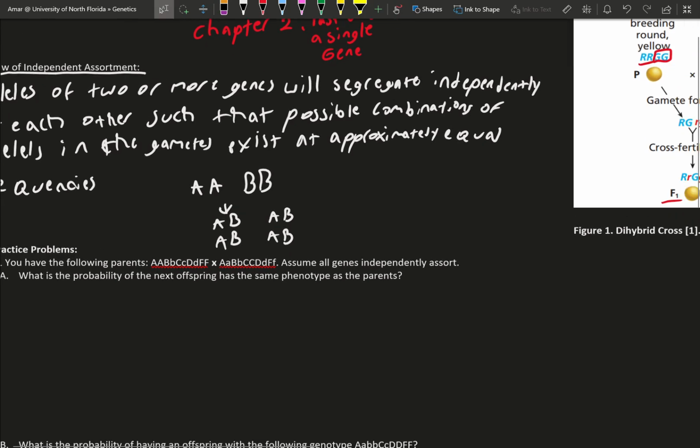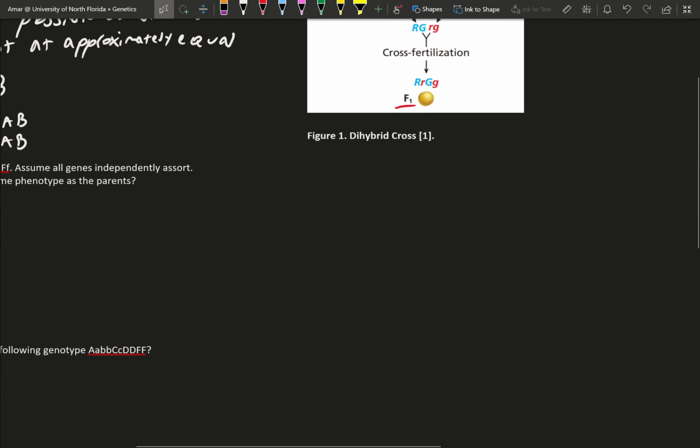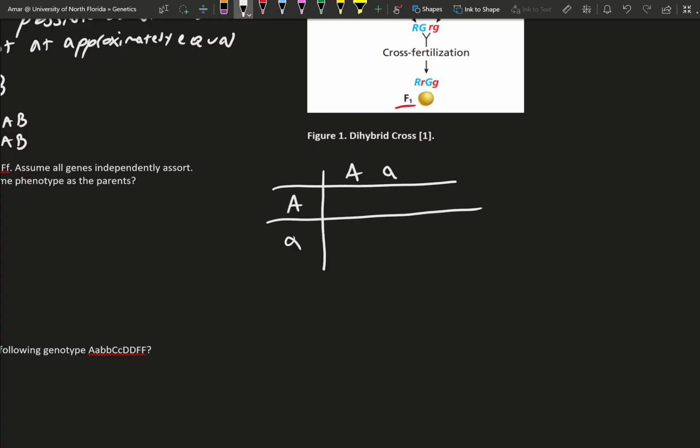From last time, we had an individual that was big A, little a, and another individual that was also big A, little a. We concluded that in this situation you would have approximately equal frequencies of gametes. So you would have a half chance to get big A and a half chance to get little a.